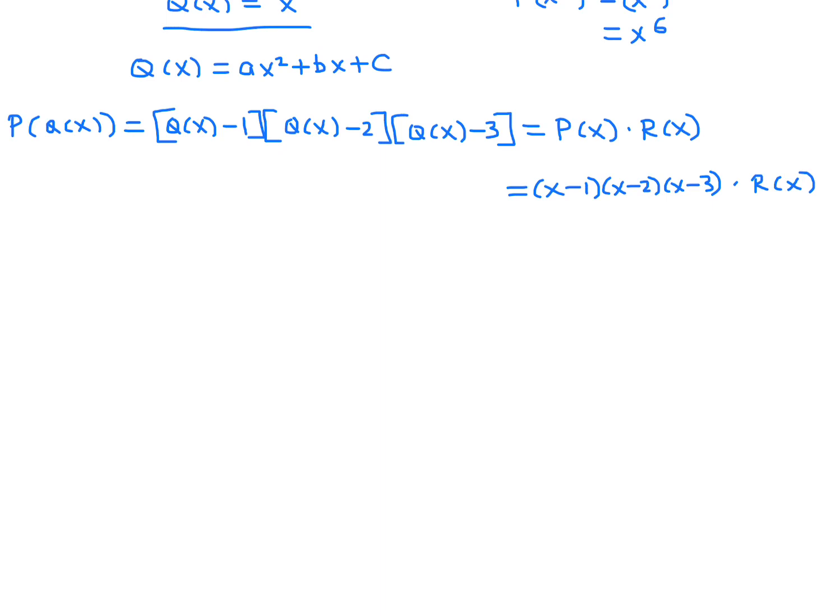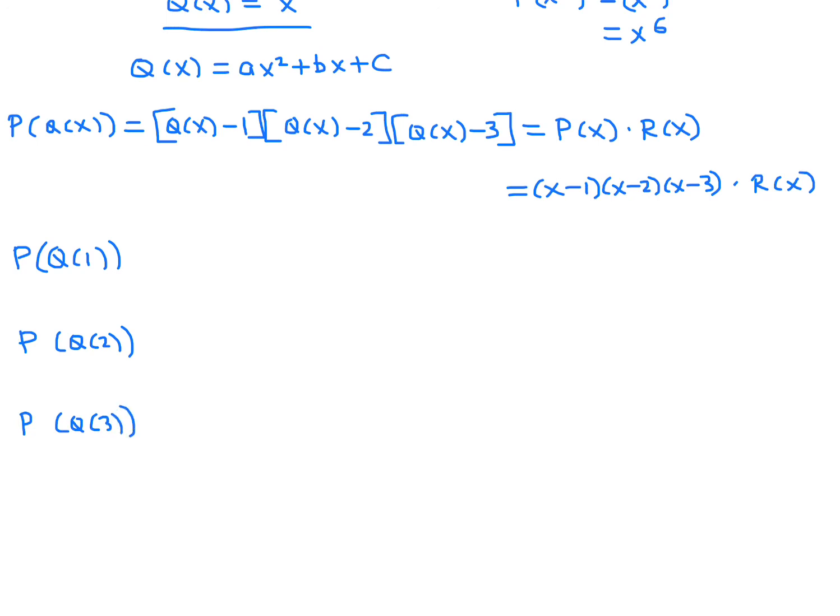Now, we are going to conclude that the roots of this will happen when Q(x) is equal to 1 or 2 or 3. So I am interested in Q(1), Q(2), because this is going to help me, and Q(3).